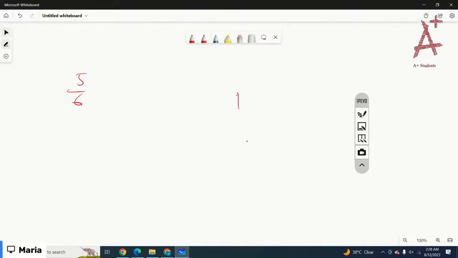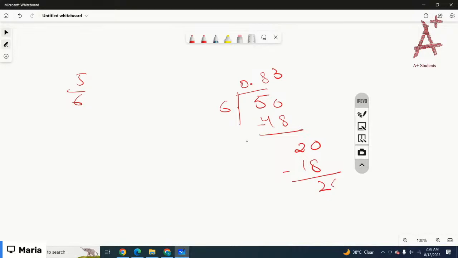If you are allowed to use a calculator, then you can. Otherwise, you can divide. 0 point, you have to add 0, right? So 6 times 8 is 48. 50 take away 48 is 2. You already have a decimal, put 0. 6 times 3 is 18. You have 2. Again, just add 0. 6 times 3 is 18. So every time you subtract, you will get 2. That is a recurring decimal, right? So the answer is 0.83.